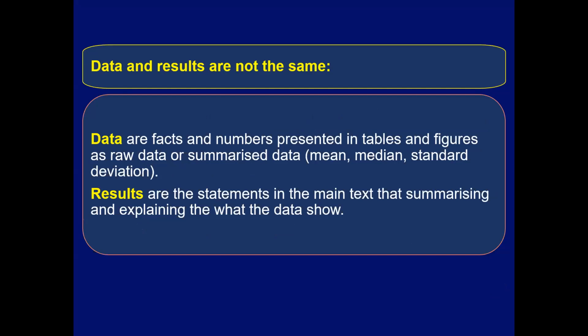If we want to talk about the data and the results, a lot of students are confused about the meaning of those two terms. Very simply speaking, the data represent the facts and numbers presented in tables and figures, such as the age, or the age of the blood samples, the gender, for example, or the presentation or summarization of those data in terms of the mean, median, standard deviation.